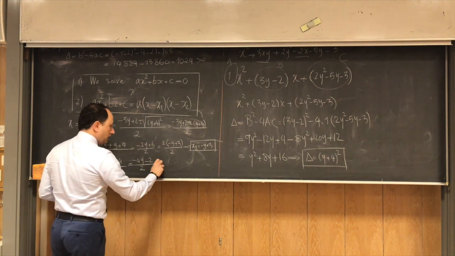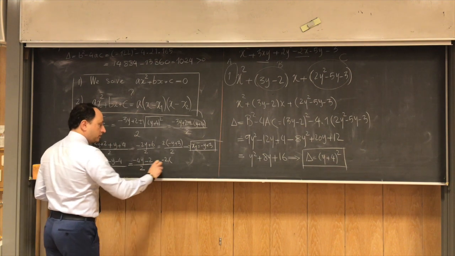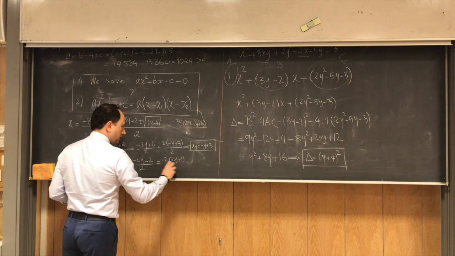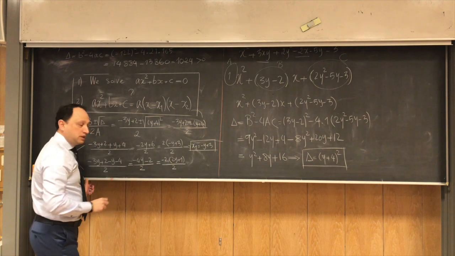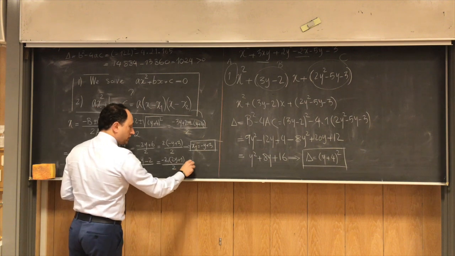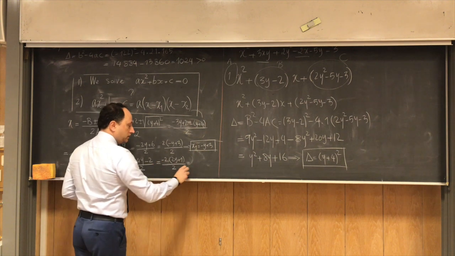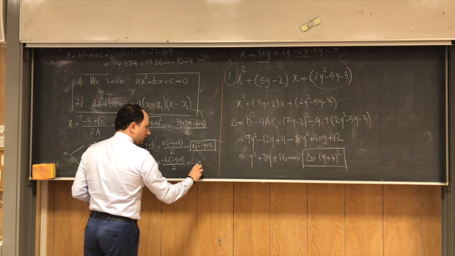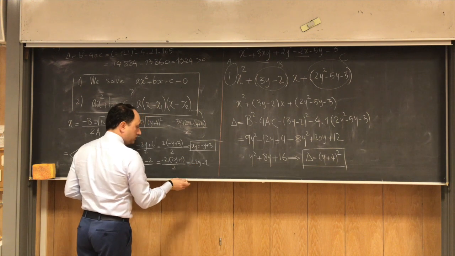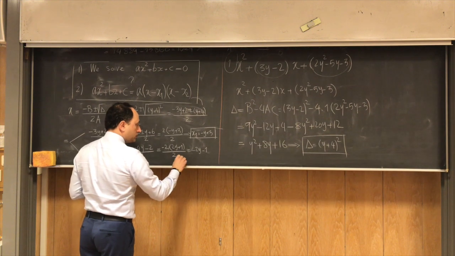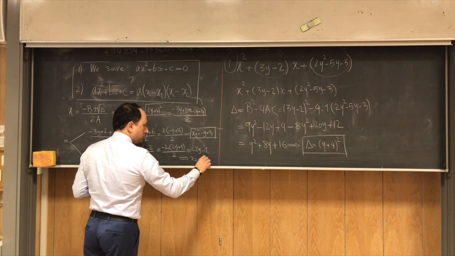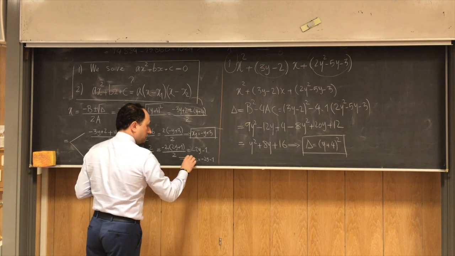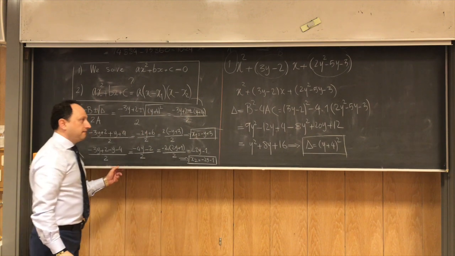I can factor negative 2 out, for example. It becomes positive 2y plus 1, and I have divided by 2. When I simplify those 2's, it becomes negative times this expression. So it becomes negative 2y, negative 1. So this means that x2 is this expression. Okay?